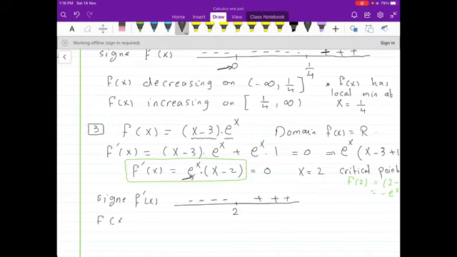That means f is decreasing on which interval?